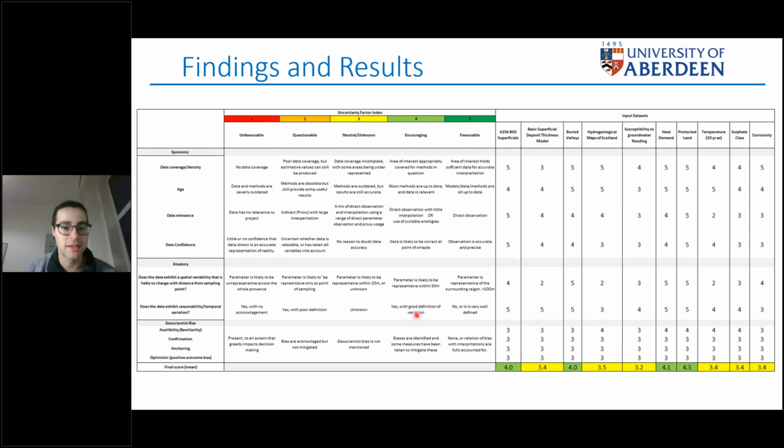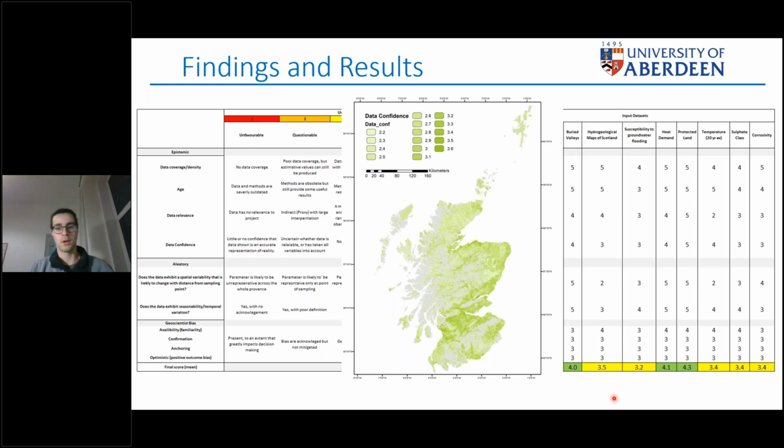What I've done here is, in a very similar methodology to the favourability index, I've taken a range of different biases and graded their magnitude, and then for each data set input I've scored them and built up a map in the same way, which is this one. What this effectively shows is where we actually have the most data.